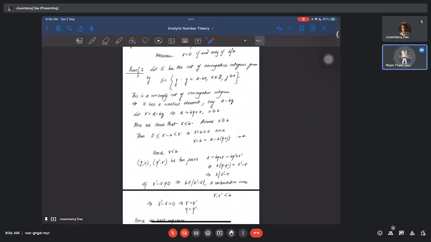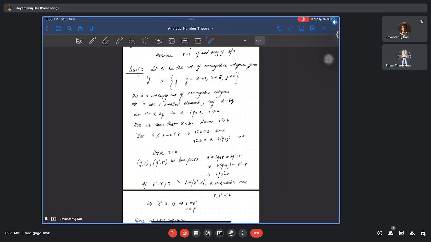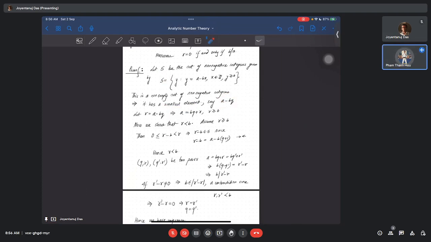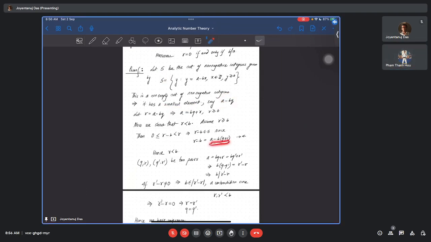What is the contradiction here? The contradiction is that we assumed a minus bq to be the smallest element of S, right? But this element, r minus b, also belongs to S, and it is strictly less than this element. So I got another element that is smaller than this. So that is a contradiction.